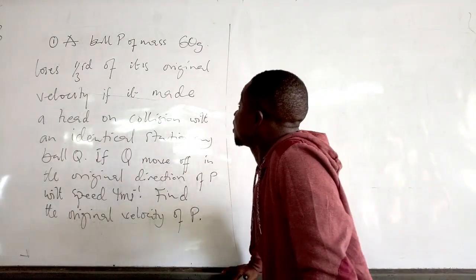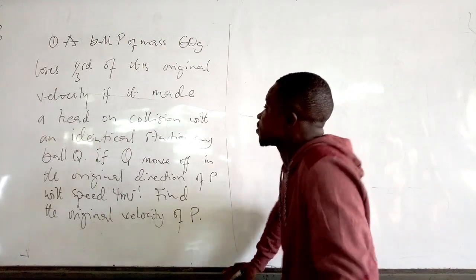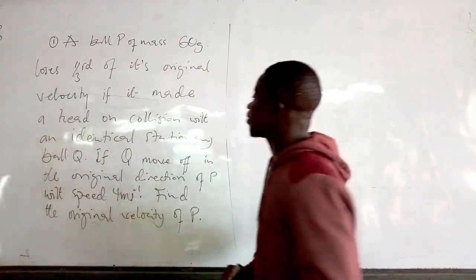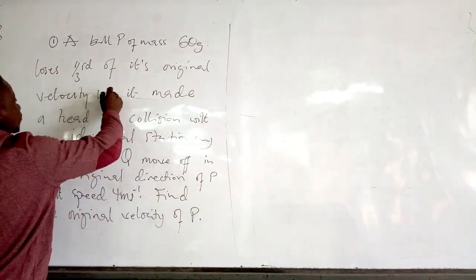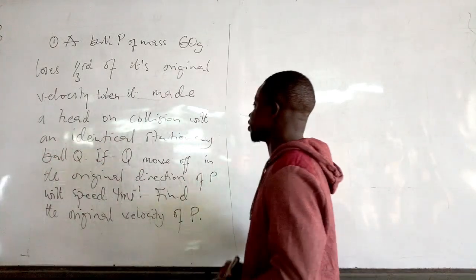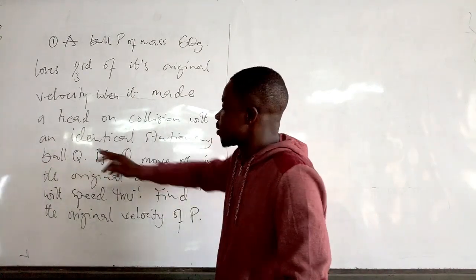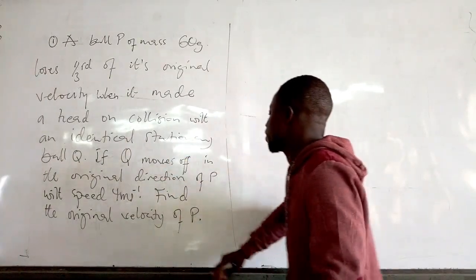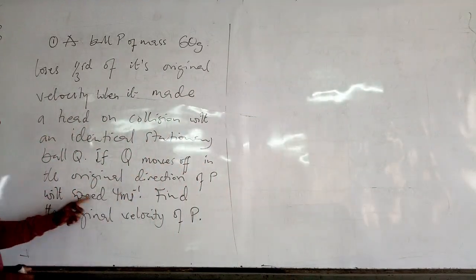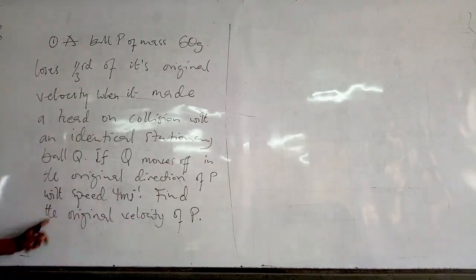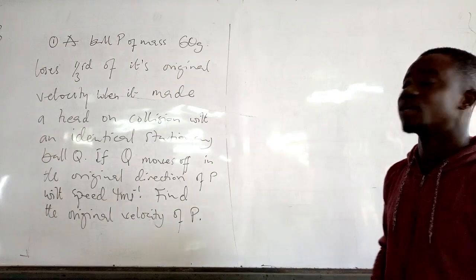A ball P of mass 60 grams loses 1/3 of its original velocity when it made a head-on collision with an identical stationary ball Q. If Q moves off in the same direction, in the original direction of P, with speed 4 meters per second, find the original velocity of P. We want to find the original velocity of P, in other words, the initial velocity of P.